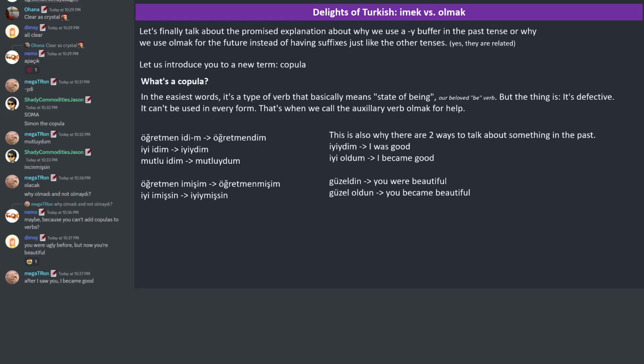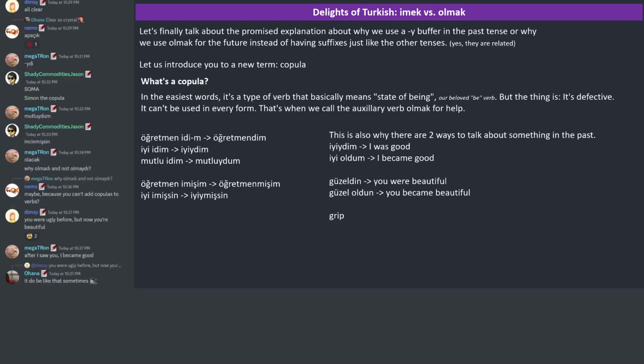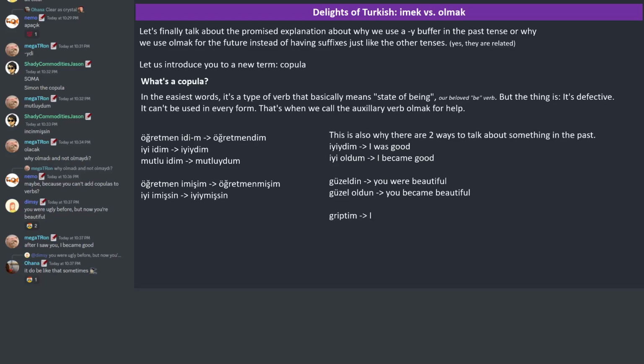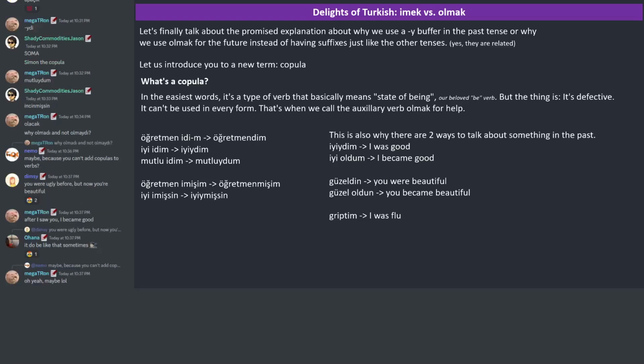That's why these two forms are different. Or I remember this example from questions. Grip. Grip means flu. So griptim, in English you can't say I was flu. I was sick with flu. Grip oldum, I became flu.